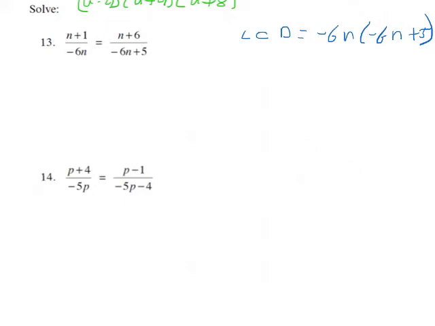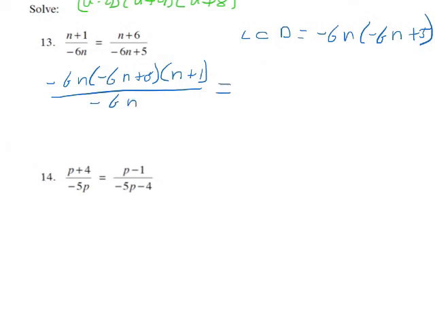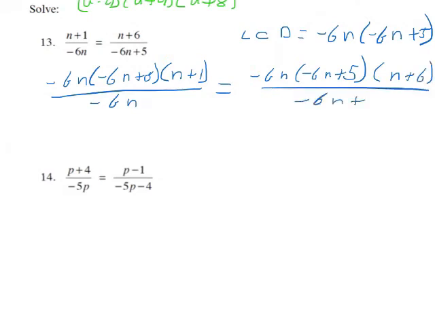So I have negative 6n times negative 6n plus 5 times n plus 1 all over negative 6n. And that equals, and then I'm going to have negative 6n times negative 6n plus 5 times n plus 6 all over negative 6n plus 5.